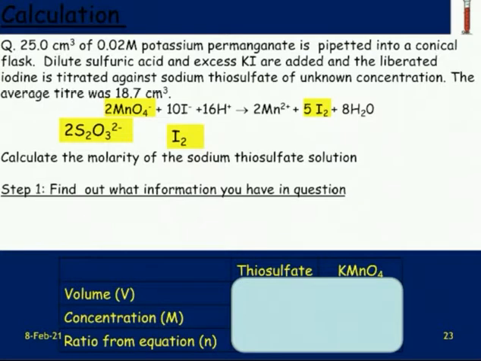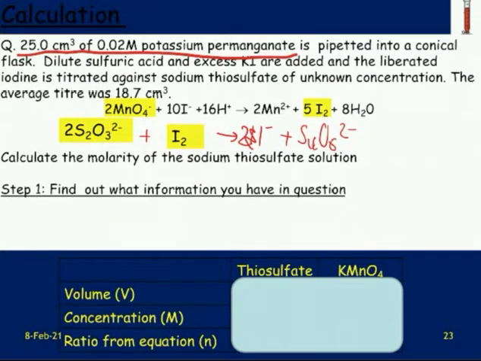This is the question that you have. I think it's on page 139. So this didn't quite fill out here for me. I don't know why. 2I⁻ plus S₄O₆²⁻. So it's telling you you've 25 cm³ of 0.2 molar potassium permanganate. So we're going to have to do something with that.